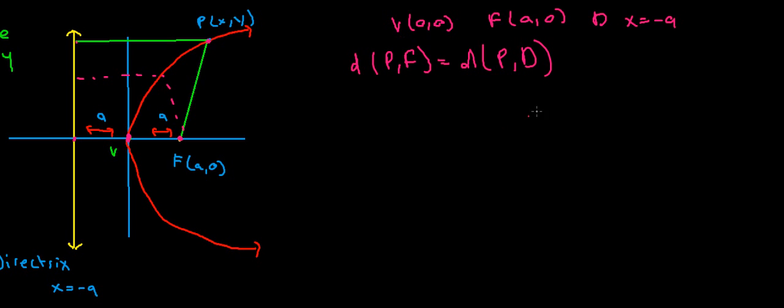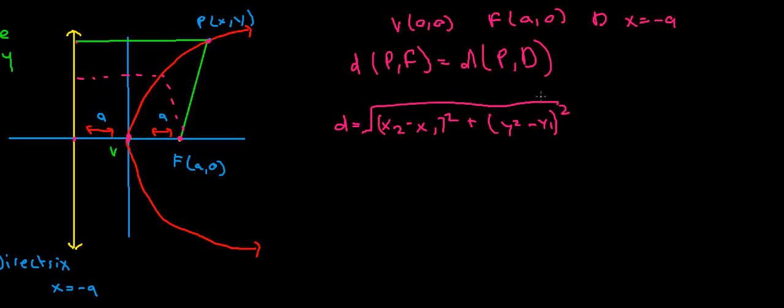Now all I need to do is take the distance between the point and the focus, and the point and the directrix. And then from there I'll be able to get a formula. So I'll need to use the distance formula. I'll write it out here very quickly. So I'm going to find the distance between the point and the focus.